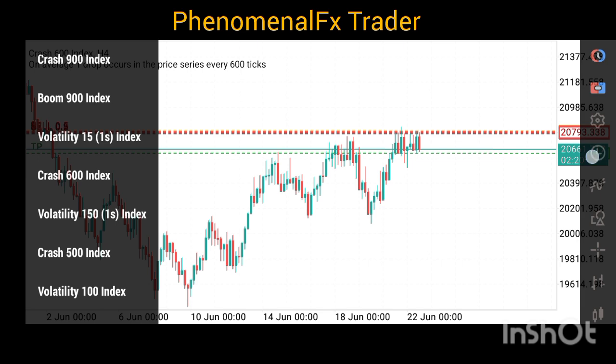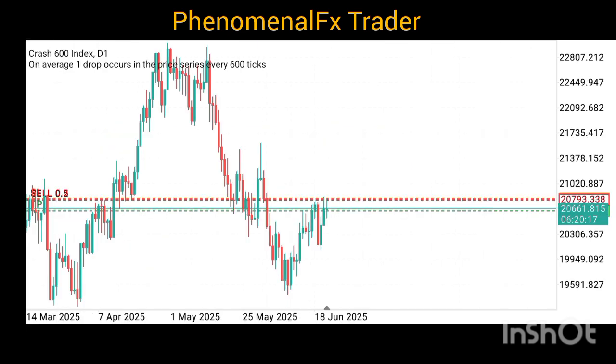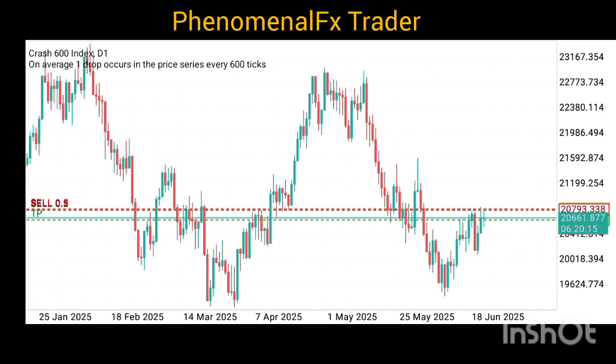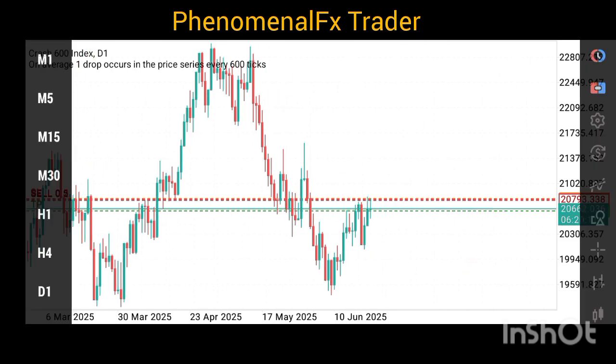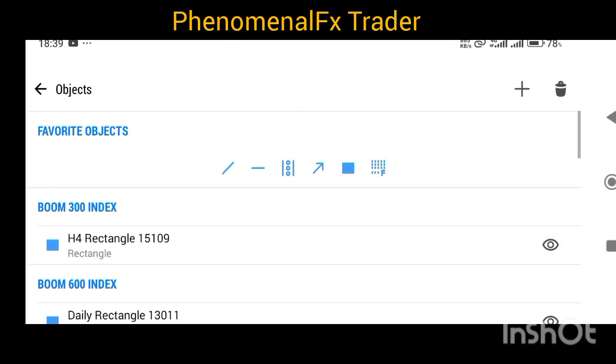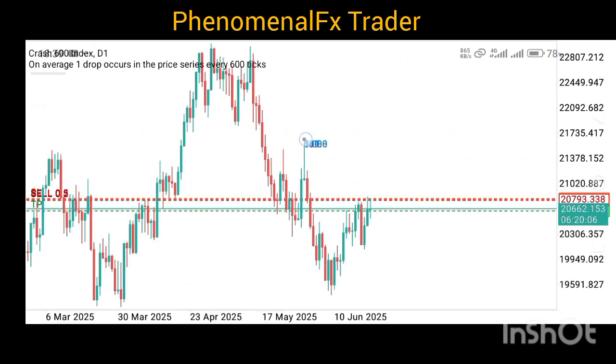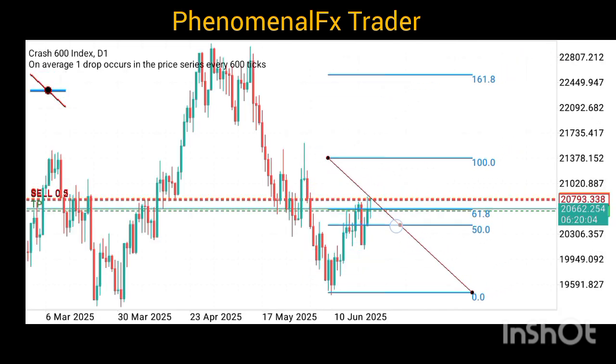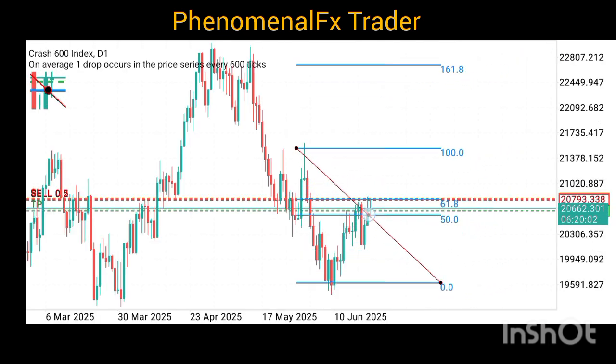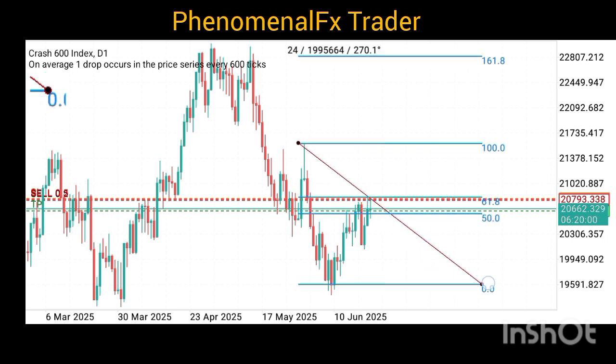First of all, if you look at the daily time frame, you see that the market has been selling. The last high the market created is somewhere here. This is one of the most reasonable highs since the market has been selling.